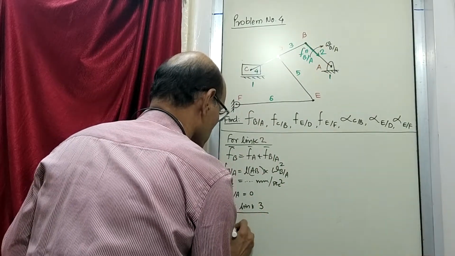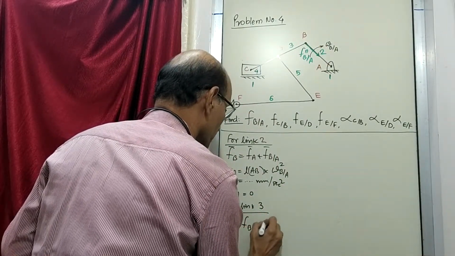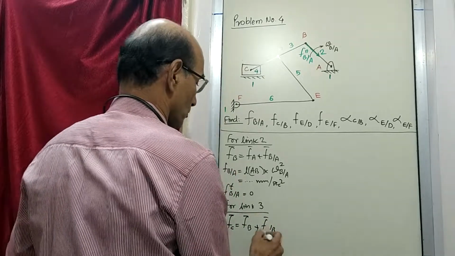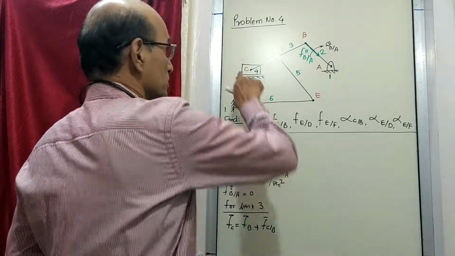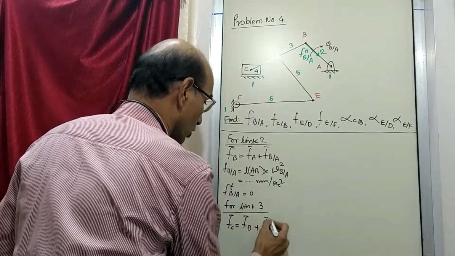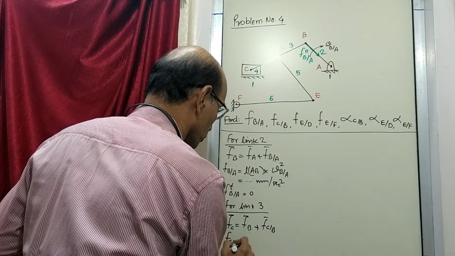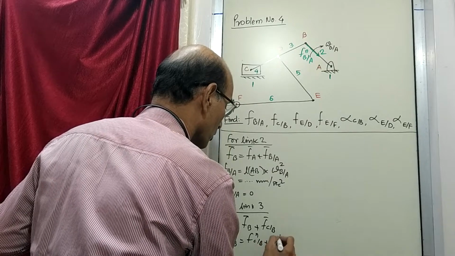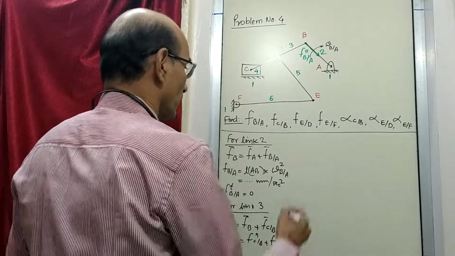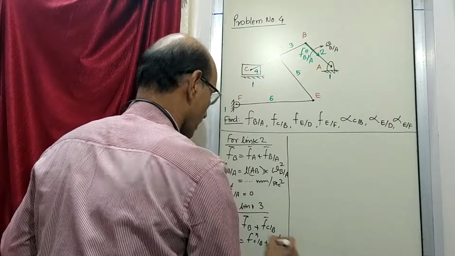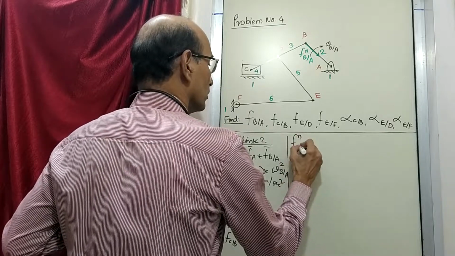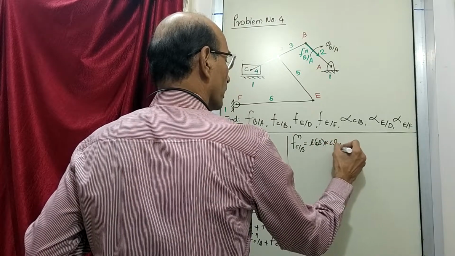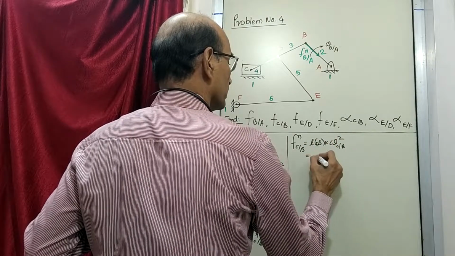So acceleration of C is equal to acceleration of B plus acceleration of C relative to B. So out of that acceleration of C relative to B, it has got two components, and in that the normal component is given by the length into omega square, and this is known.